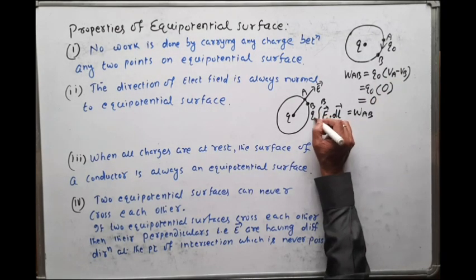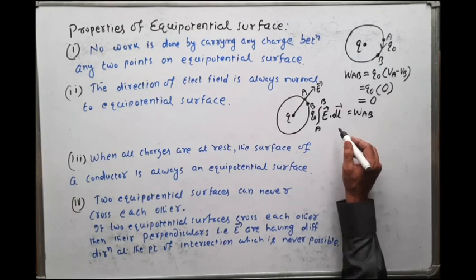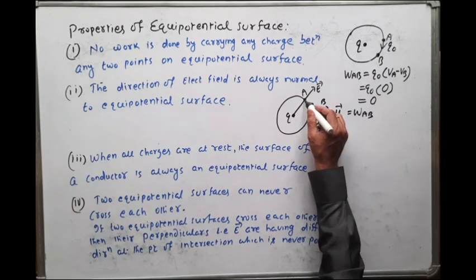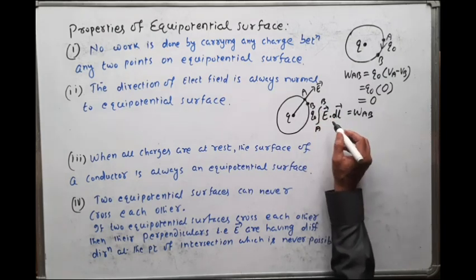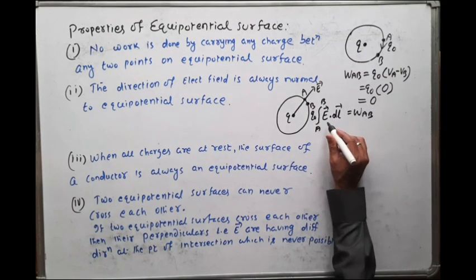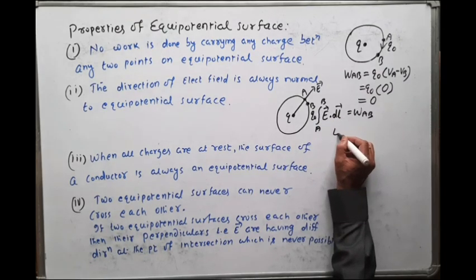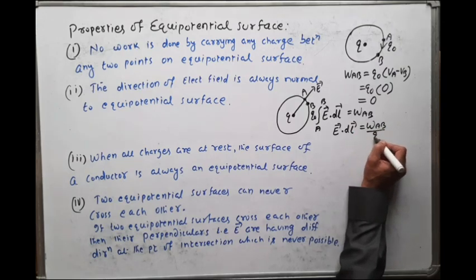If you take Q naught charge, then work done is equal to this. So now you see, if A and B are very close to each other, then the distance between A and B is very small. If it is very small, there is no need to take the integration. In that case, we can remove the integration. So E dot dl is equal to WAB by Q naught.